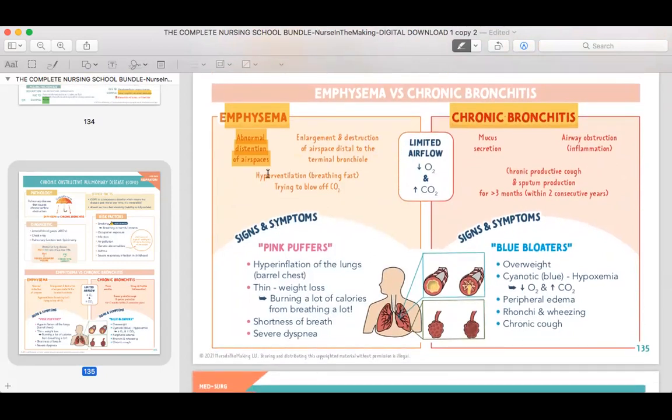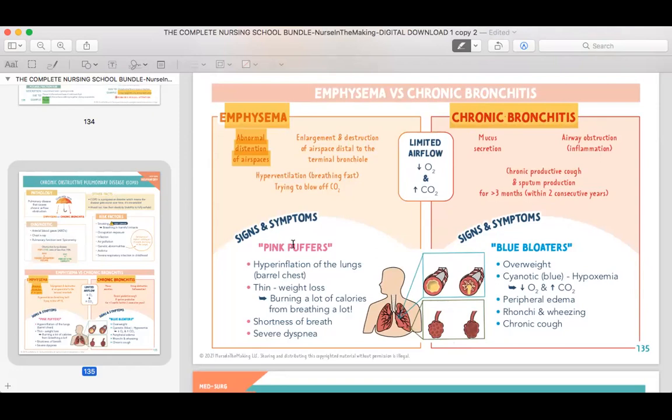So with emphysema, it's an abnormal extension of the air spaces right here. Your alveoli right here. Destruction of the air spaces distal to the terminal bronchioles. So pink puffers, they're known as pink puffers.